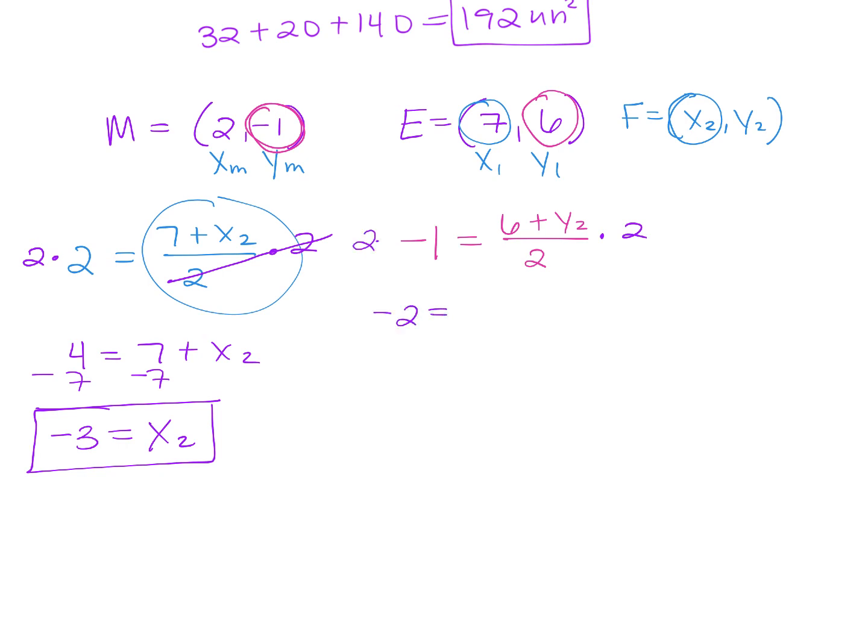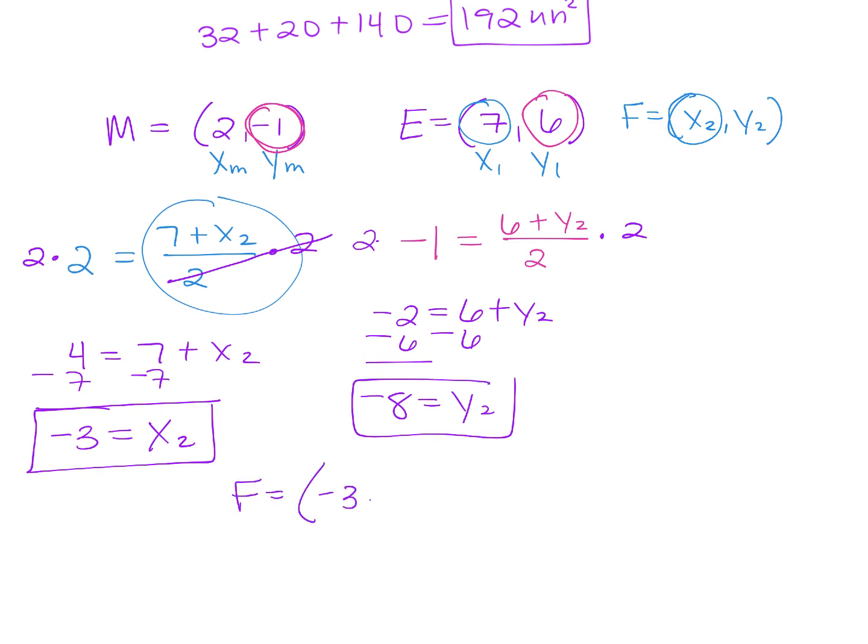So -2 equals 6 plus y2. Take away the 6, we get -8 for our y2 value. So that means our other endpoint, our f, is -3, -8. Questions on that? Or anything for that matter?